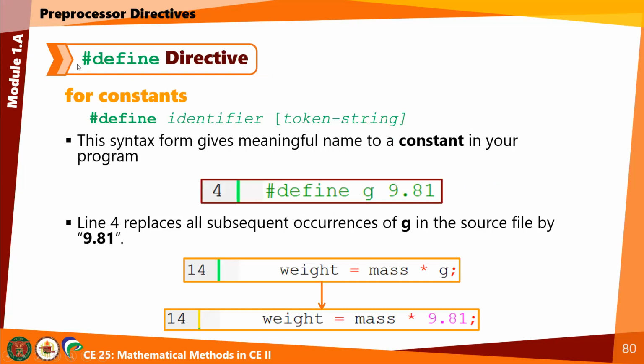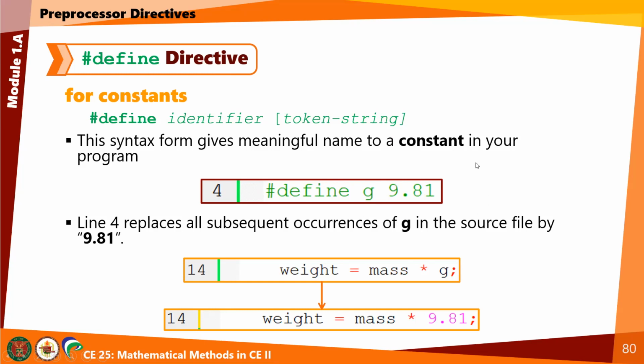Now, there are other preprocessor directives like define directive. So, this define directive can also be used to define something, some identifier in your program. Okay, so in this example, I define G as 9.81.